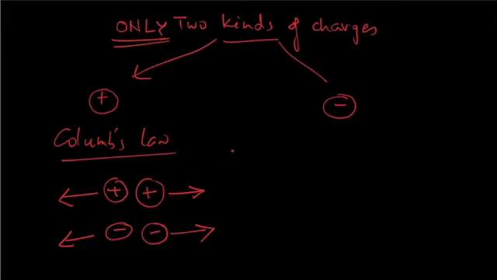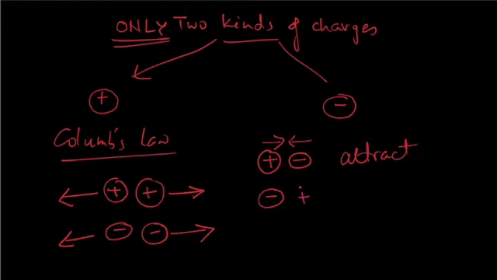But if you bring one positive and one negative charge together, they will attract each other. So they will become friends and they will attract each other. Similarly, if you bring negative and positive charge together, they will attract each other, right?